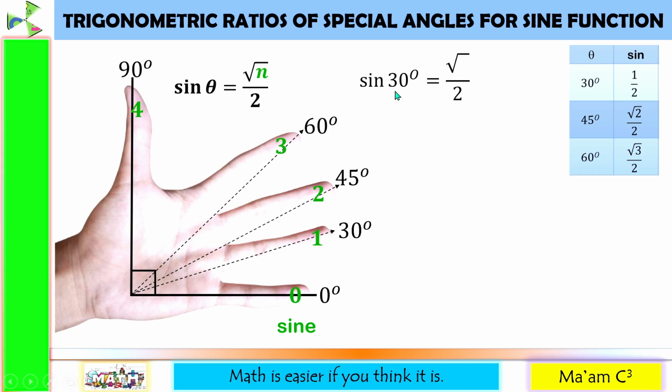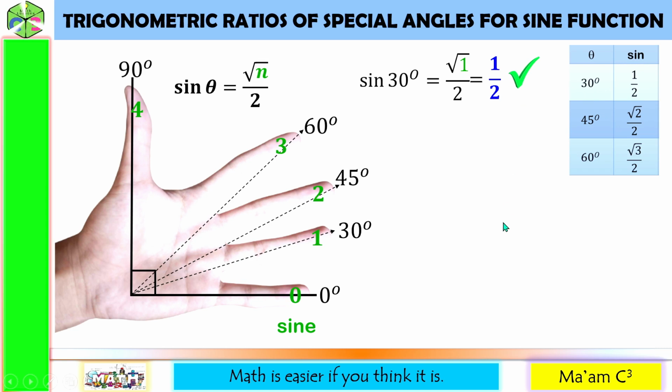For 30 degrees, the number assigned to it is 1. So this will be the square root of 1 over 2. And square root of 1 is 1, so this is 1/2. Let us check. Sine 30 degrees is 1/2. So our answer is correct.